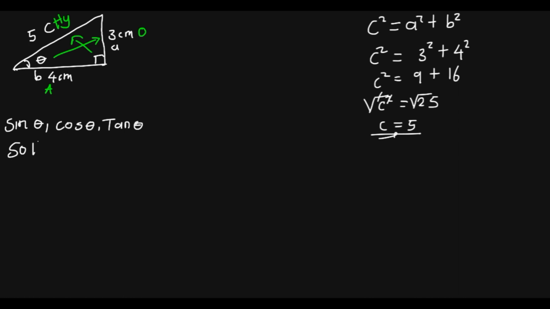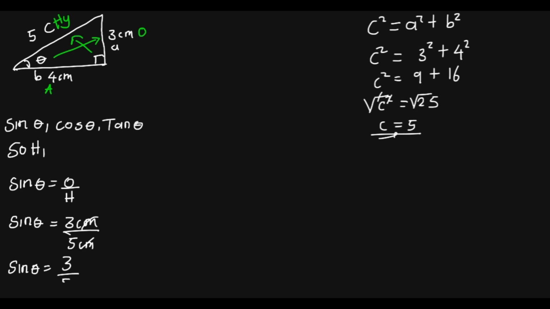Sine theta is equal to opposite divided by hypotenuse, so sine theta is equal to 3 centimeters over 5 centimeters. We can cancel the centimeters, so our final answer is 3 over 5. So this is our ratio. Now for the second one, cos.